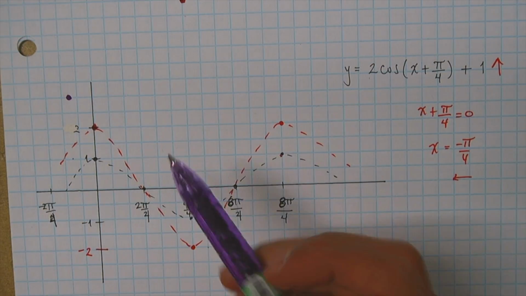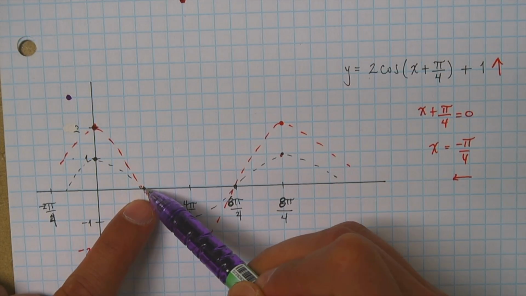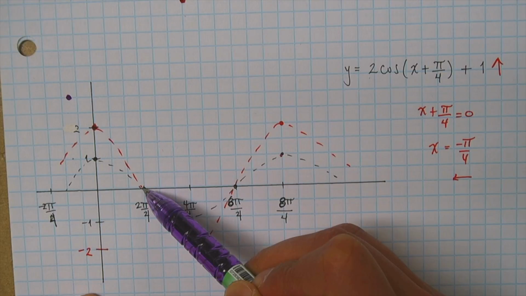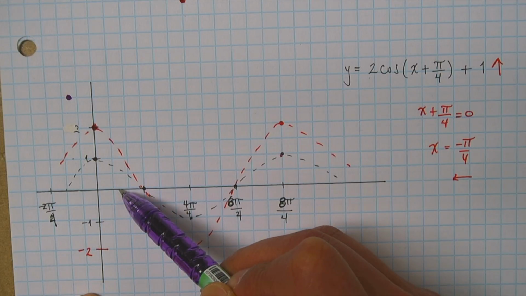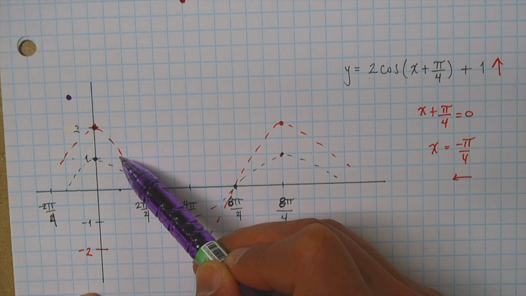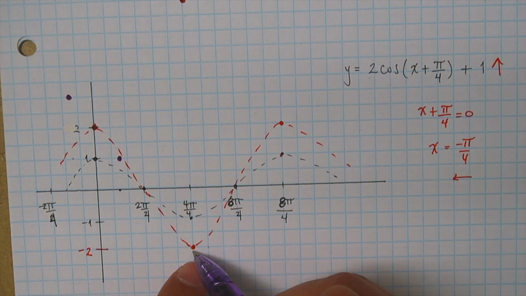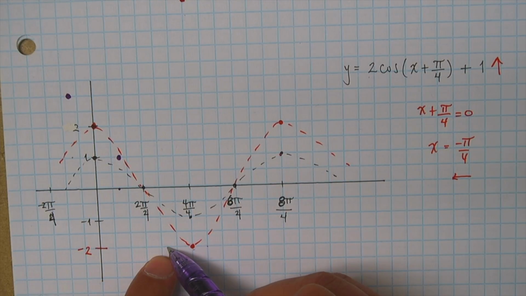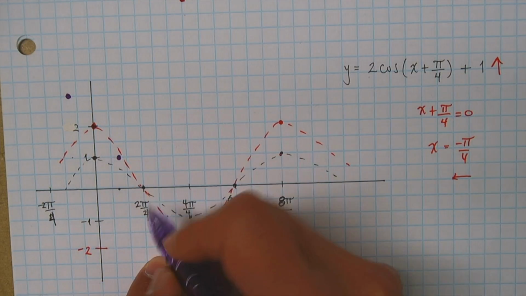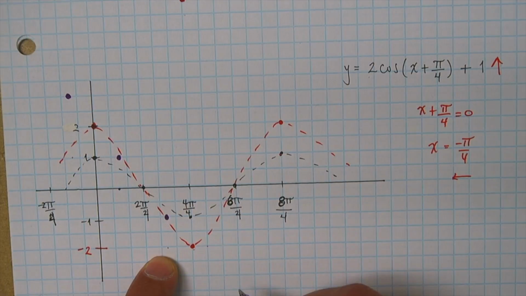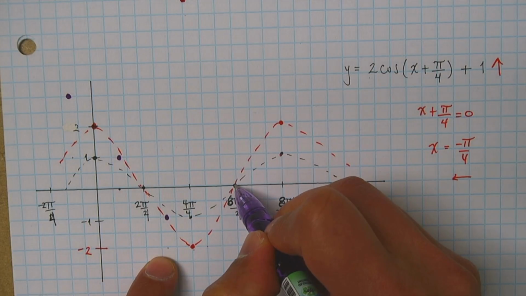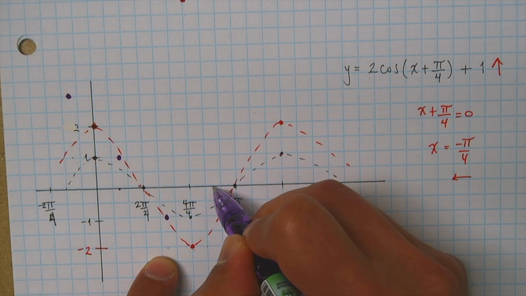Take that guy out. Okay, now we got this point right here. We move pi over 4 to the left, right here, and then we go up 1 unit right there. Same thing, now we go to this guy right here in the bottom. Move pi over 4 to the left, and go up 1 unit right about there. Next anchor point right here, pi over 4 to the left, and then move up 1 unit.